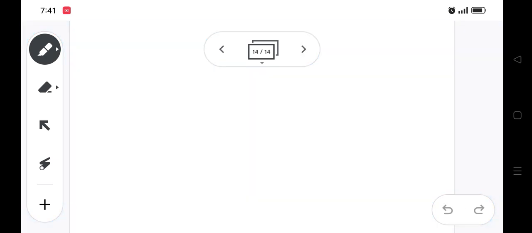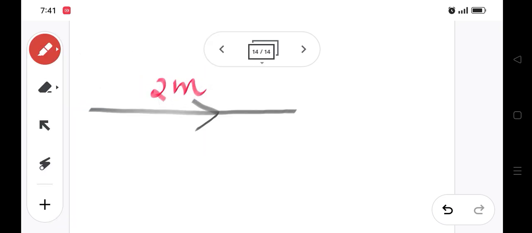Suppose we have a wire. Now we can go through a question. We have a current carrying wire of length 2 meter and a current of 1 ampere is flowing through that wire, and this wire has a mass of 5 gram. Then it is suspended in air. Then find out the magnetic field.